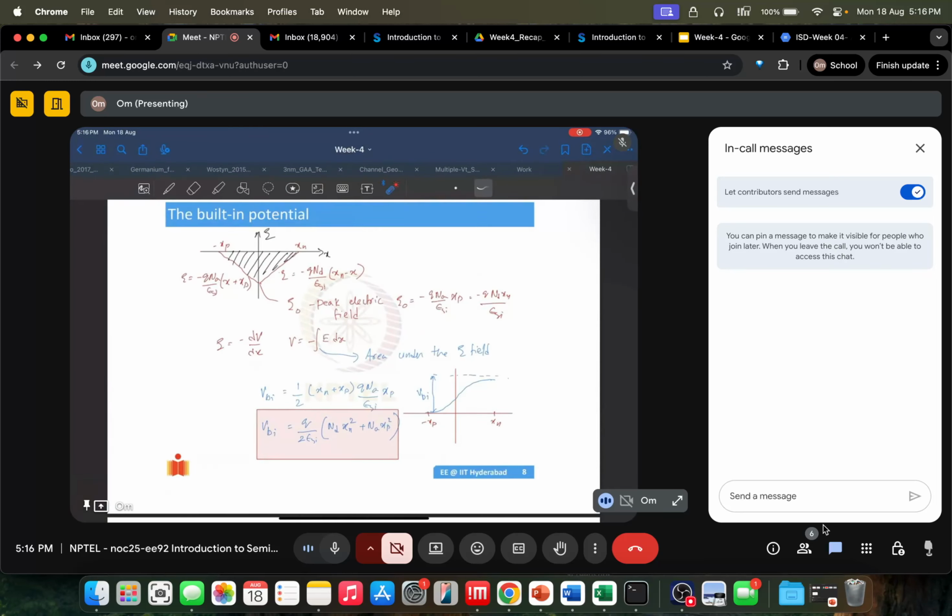And if we integrate the electric field, we get the potential, V equals minus the integral of E dx. So we just find the area under this curve, half into base into height. This gives us VBI, the built-in potential.